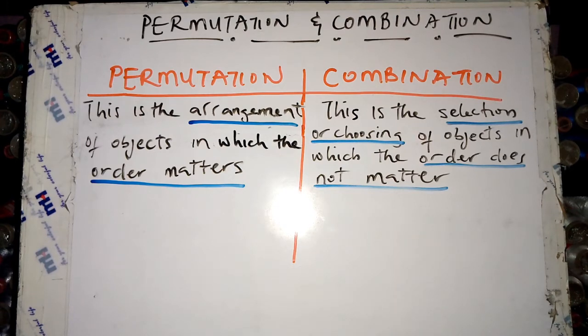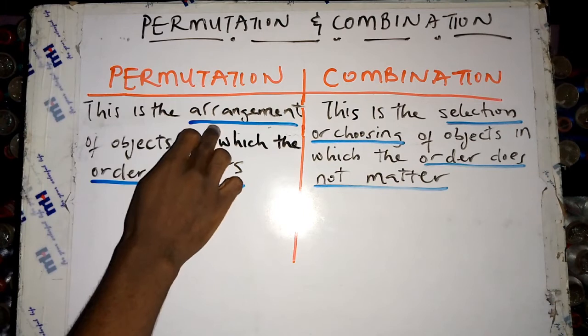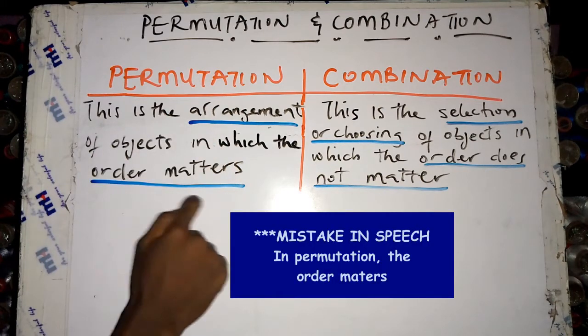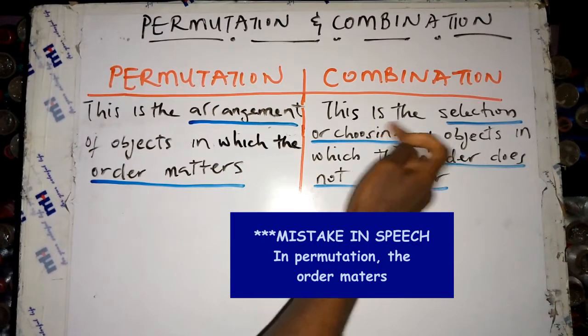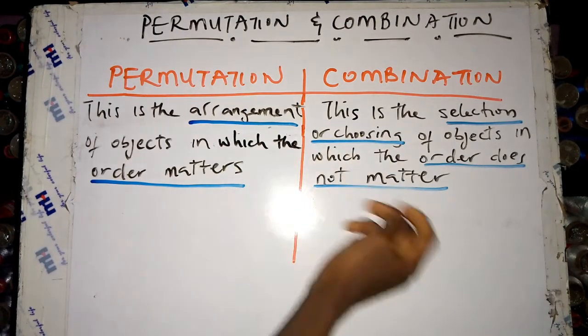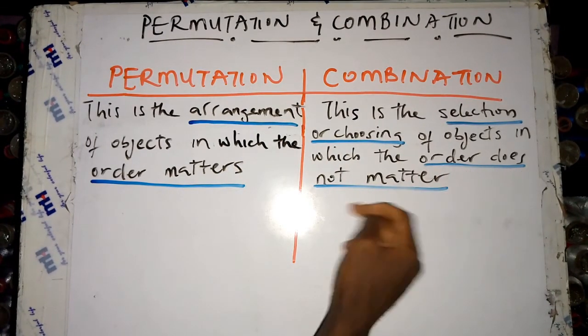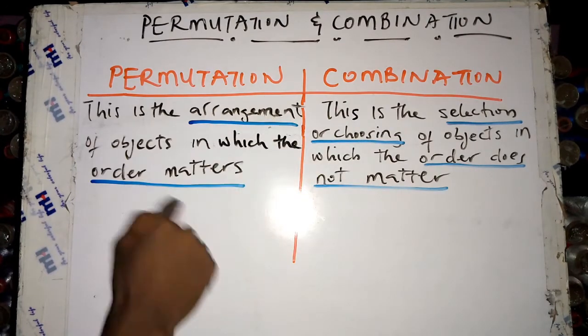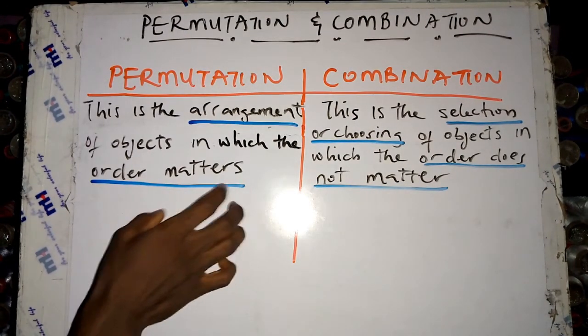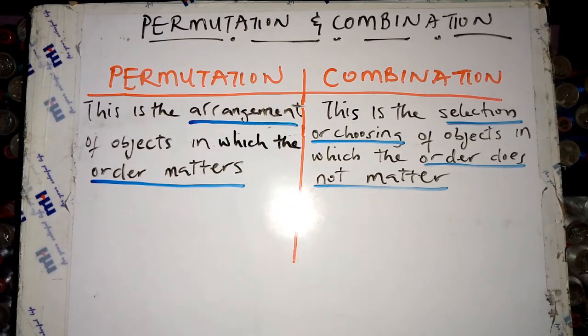So let's look at this example for instance. Under permutation, pay attention to this: this is arrangement, and the order matters. Whereas this one is the selection or choosing, and under combination the order does not matter. So the parts I underlined in blue are the major things that differentiate permutation from combination.